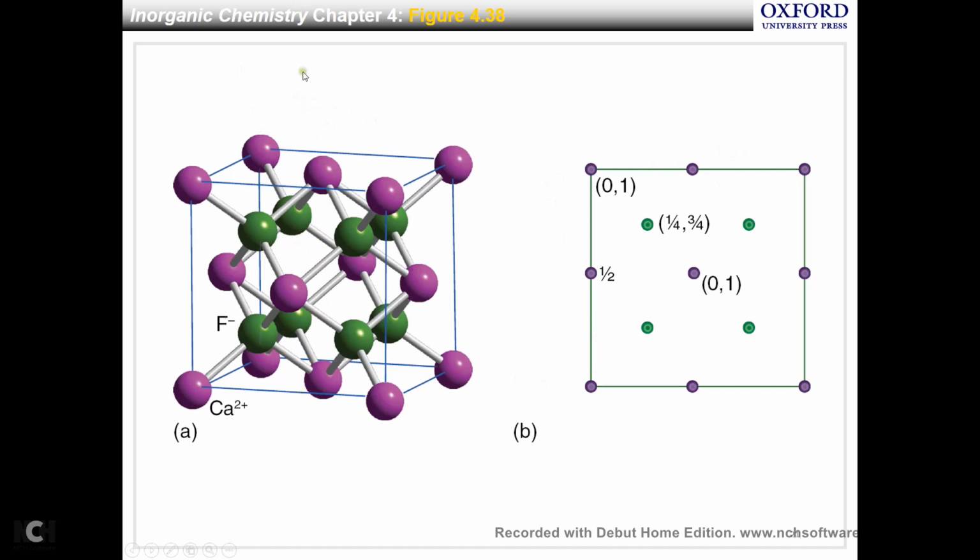If you look at this three-dimensional crystalline structure from the top, you have this one sitting on top of this one, and they have different heights, 1/4 versus 3/4 of C. C is this sideways, this is C. And then if you look at calcium here, 1/2 of C, so it's here. 0, 1 means you have 2 layers, 0 C versus 1 C.